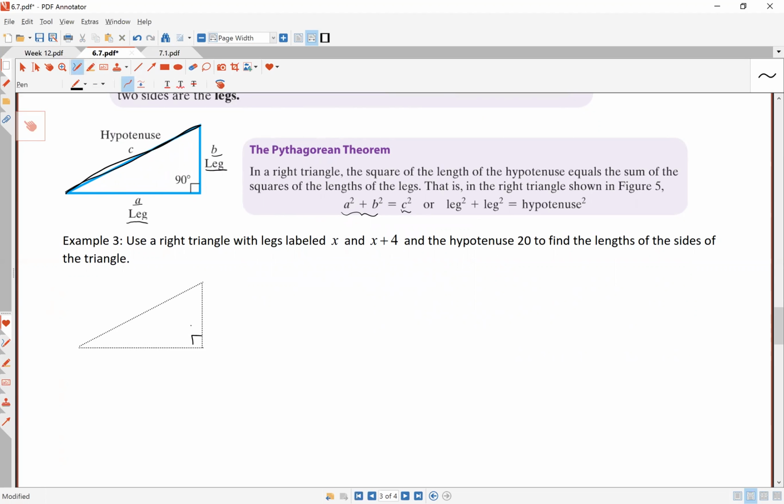And it says the legs are labeled x, x plus 4, and the hypotenuse is 20. Now the lengths of the legs, you square those. So that's an x squared and an x plus 4 squared. And that equals the hypotenuse squared. In this case, the hypotenuse is 20.